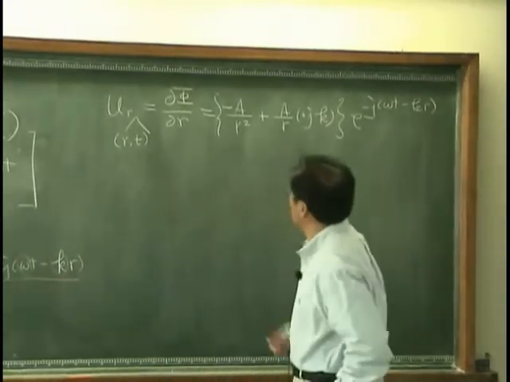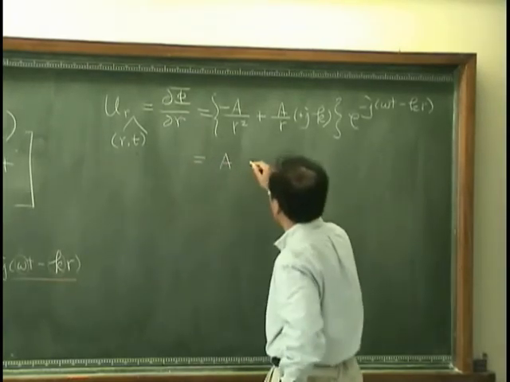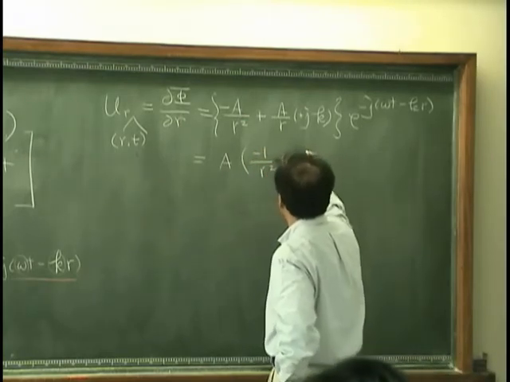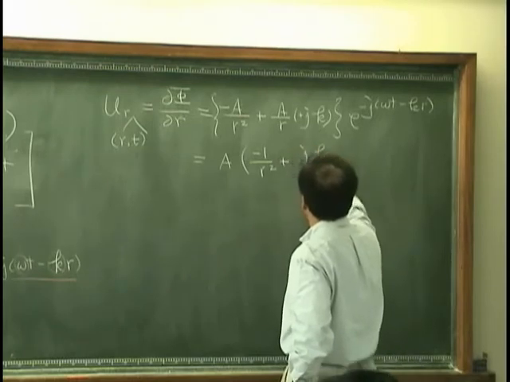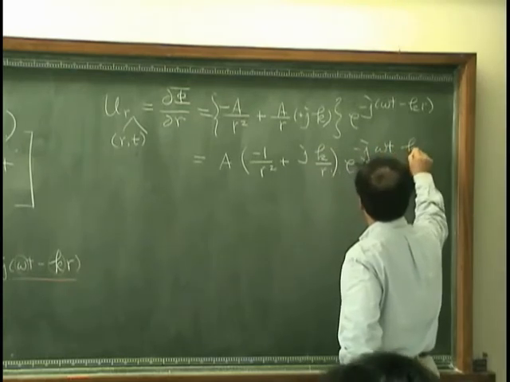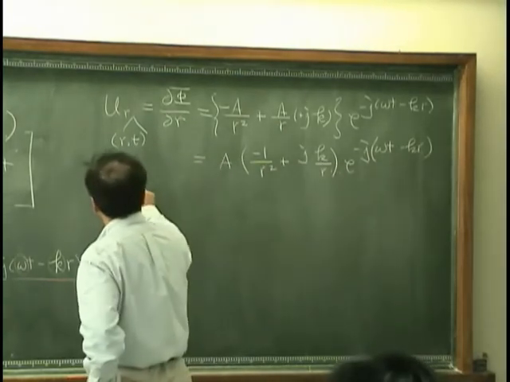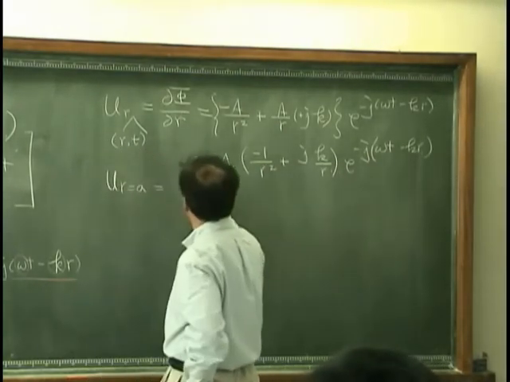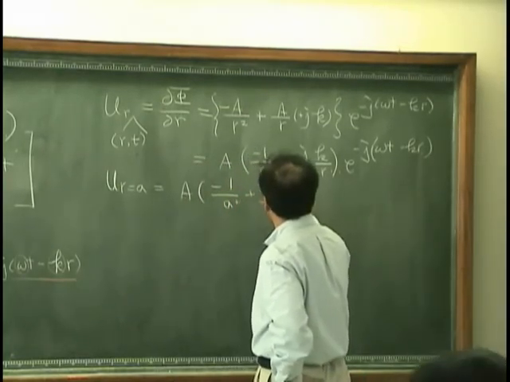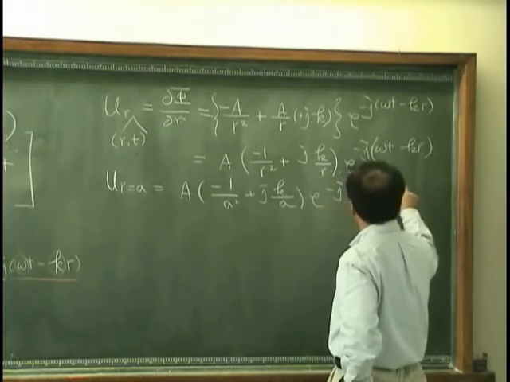Okay, so rearrange this equation, give me A, and I have 1 over R squared plus jk over r exponential minus j omega t minus kr, and the velocity at r equal a should be minus 1 over a squared plus jk over a exponential minus j omega t minus ka.